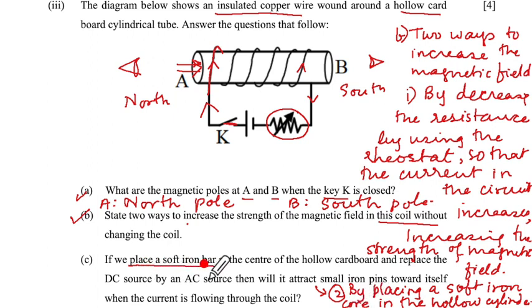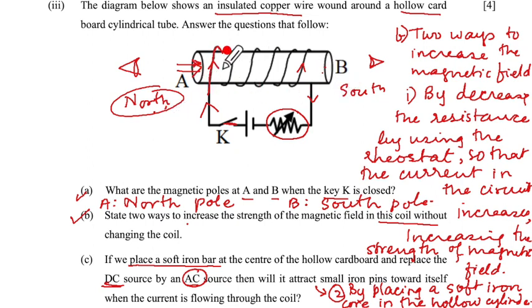So by placing the soft iron core in the center of the hollow cardboard and replacing DC source by AC source. Now, what is going to happen with alternating current? The polarities are going to change. So if this is north, then it will become south, then it will become north, and then it will become south.